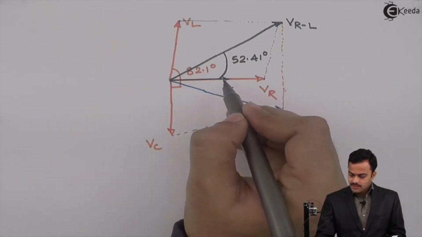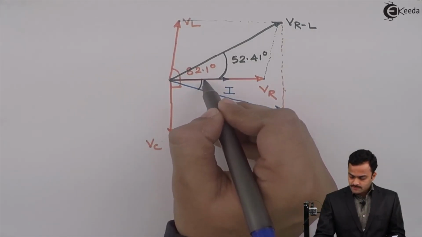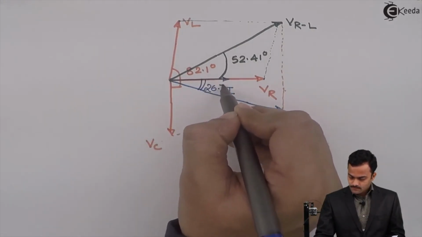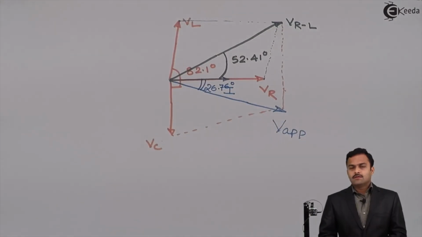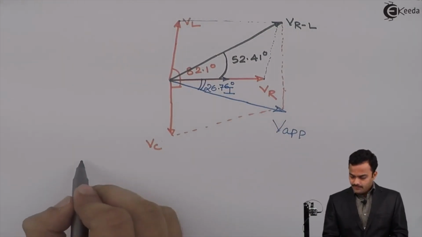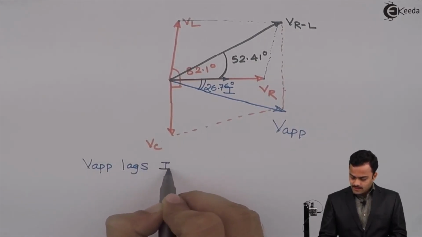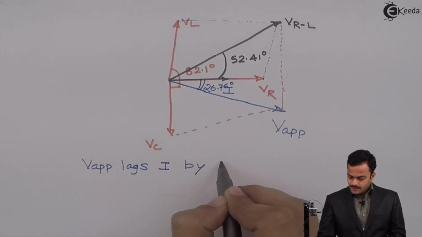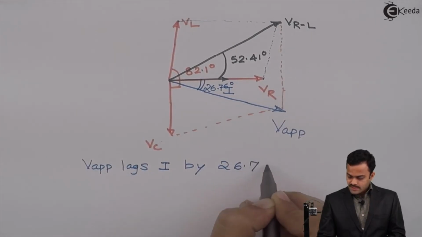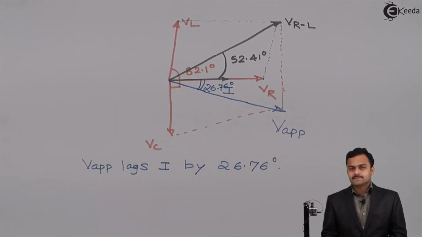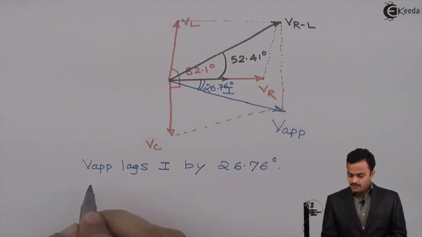Minus means it is in a clockwise direction. So here what I am getting, applied voltage lags current by 26.76 degree.